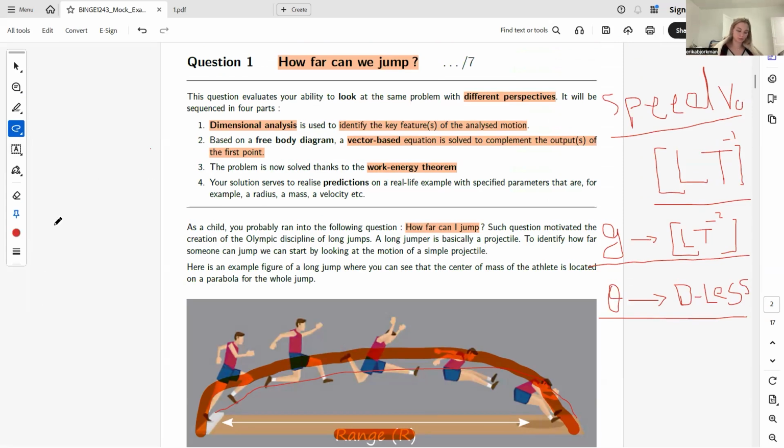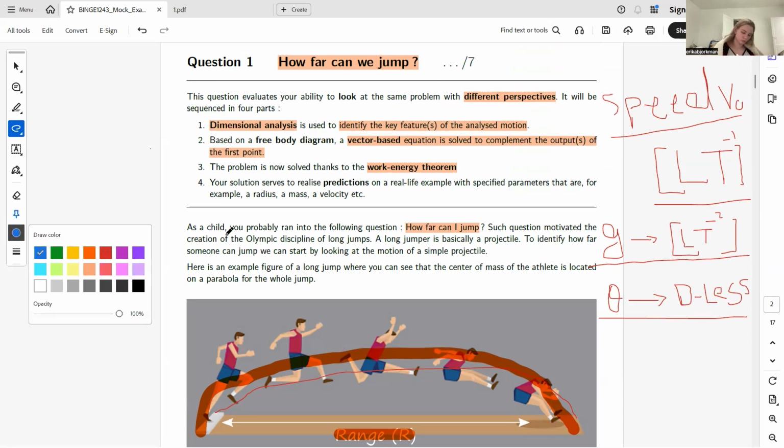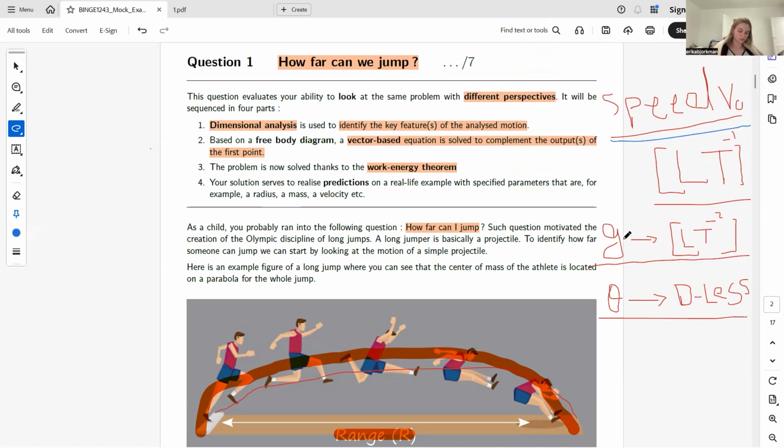In the first part we considered that range depends on the speed, gravitational acceleration and angle theta. If range depends on these two factors, then consider range is directly proportional to initial velocity v naught and gravitational acceleration g, with exponents a and b, where a and b are constants.